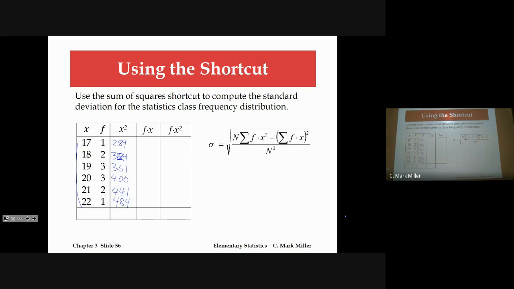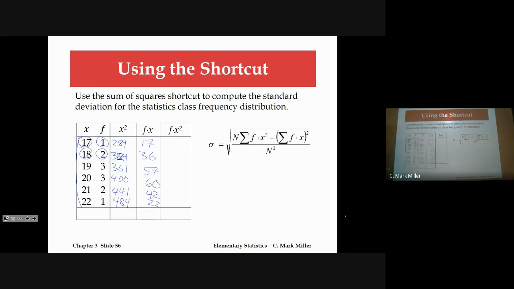Now, the next column, I take my F value and multiply it by X. So my F times my X is 17. 2 times 18, 36. 3 times 19, 57. 3 times 20, 60. 2 times 21, 42. 1 times 22, 22.